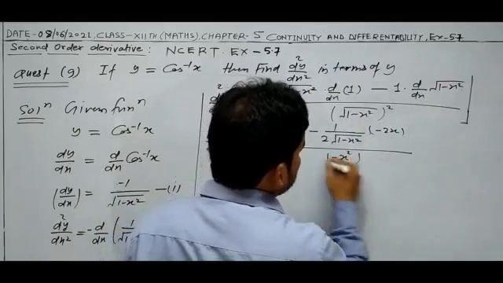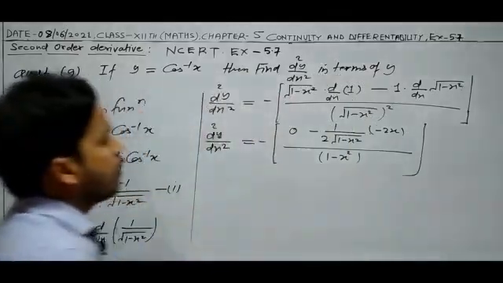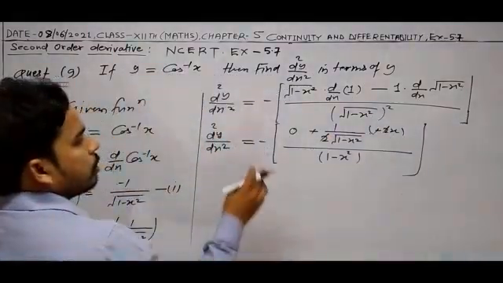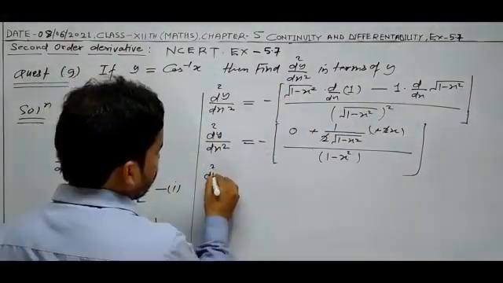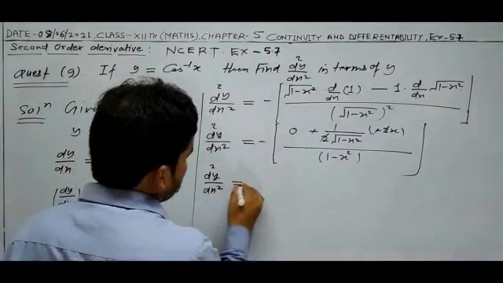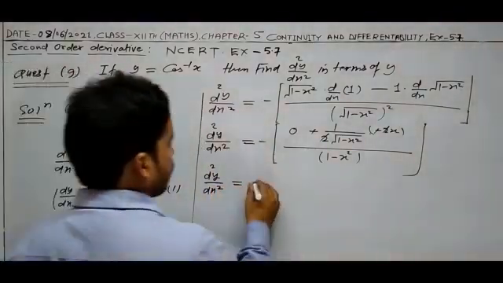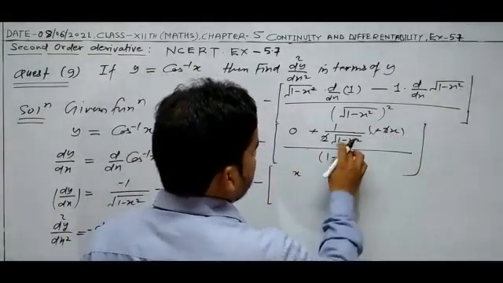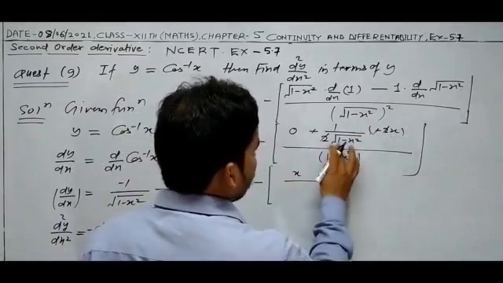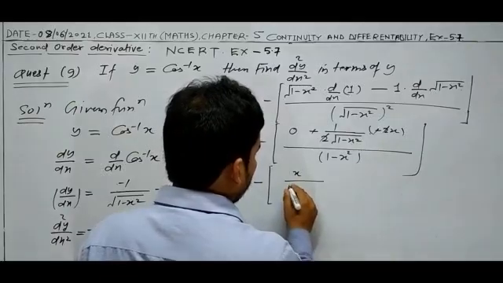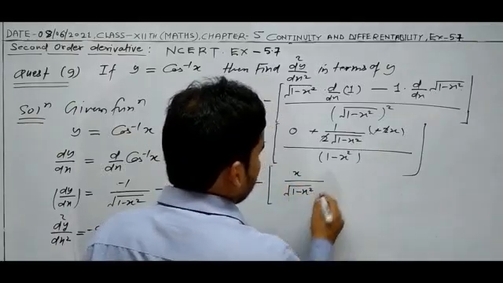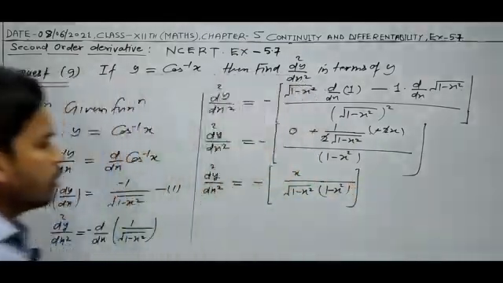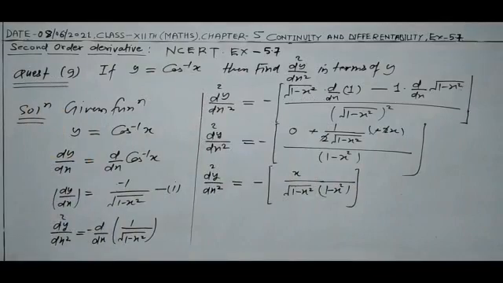The result will be 1 minus x square, and the 2 and minus 2 terms will cancel out. So d2y by dx2 is equal to minus x upon root over 1 minus x square into 1 minus x square. This is the value of d2y by dx2 in terms of x.